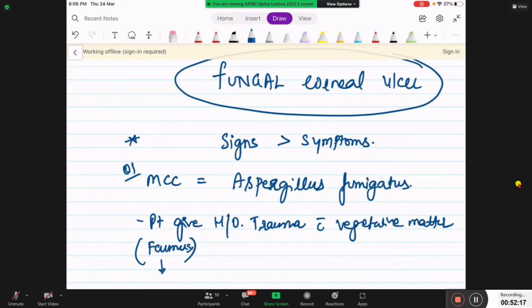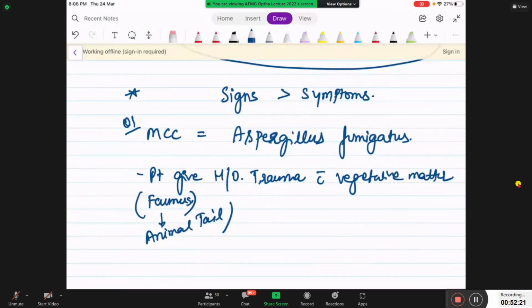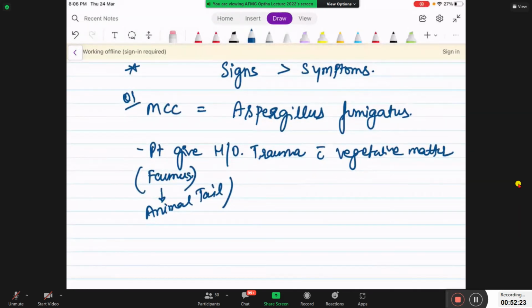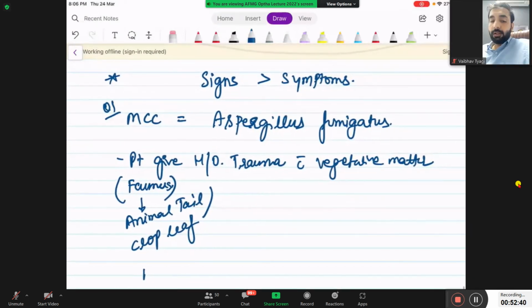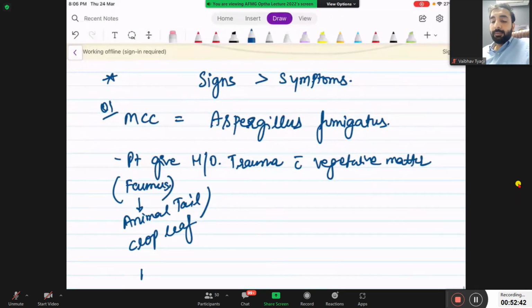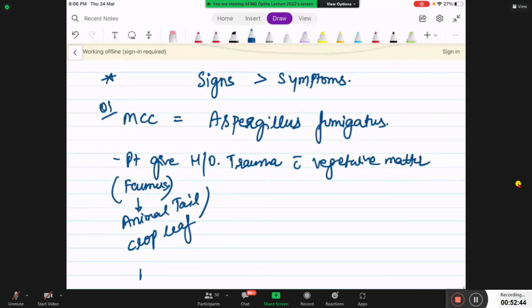Trauma can be with an animal tail, or they can give you a history that the trauma is with a crop leaf. So this will indirectly give you a clue that this is a fungal corneal ulcer. Most commonly it is seen in farmers.